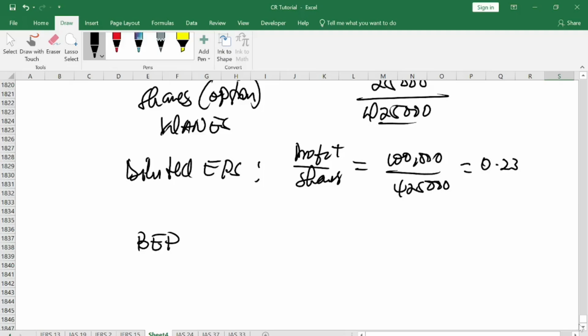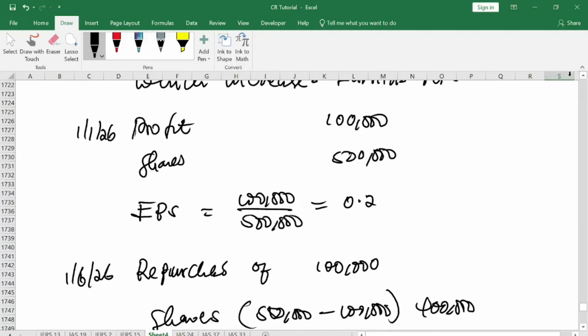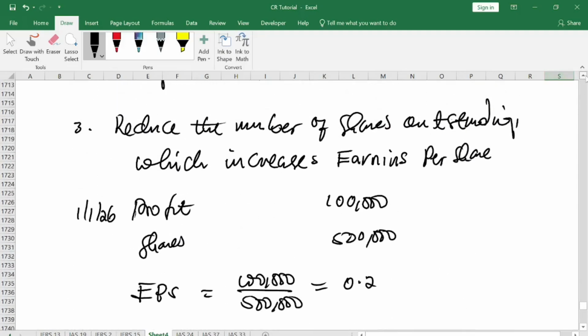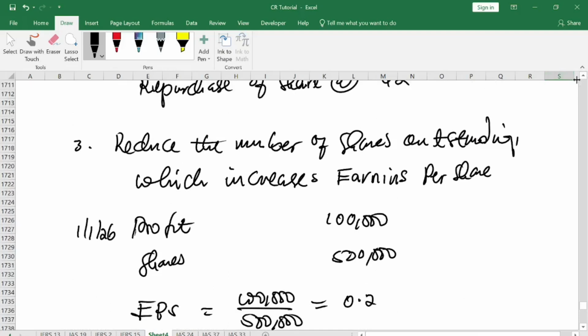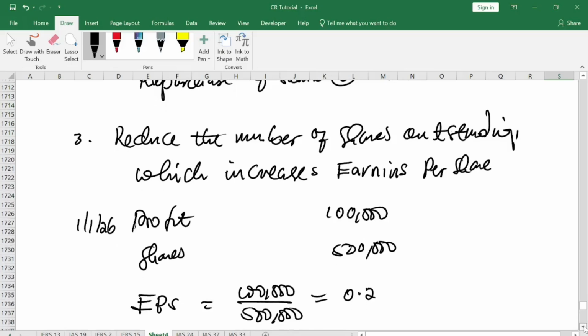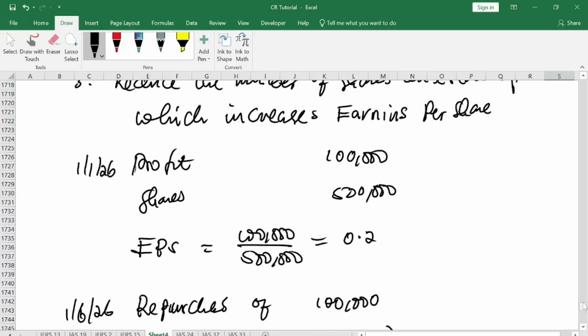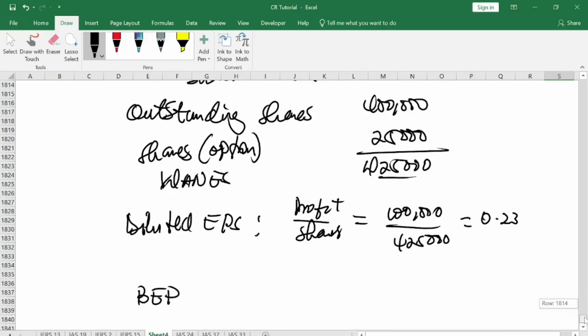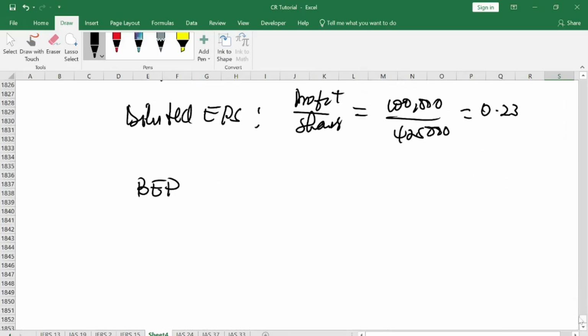When I first calculated, when we were doing the reducing of the number of shares, which reduces outstanding shares and increases earning per share, I used this as an early example. What did I get? I got 0.2, right?